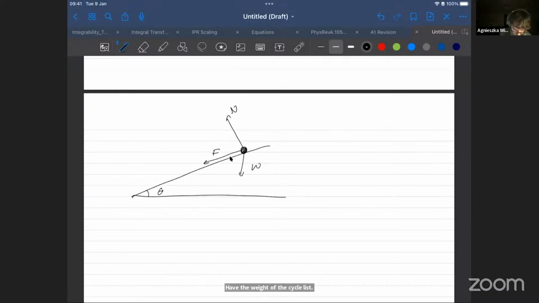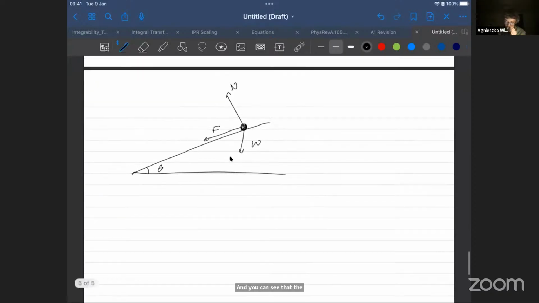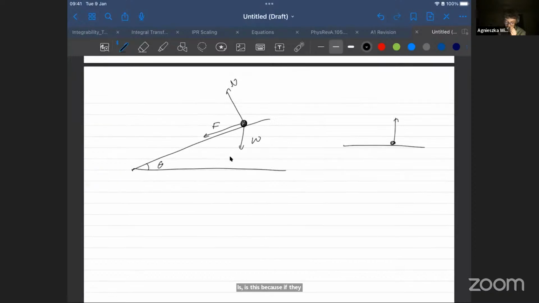So this is the force diagram, which was the first part of the question, and you can see that the banking is necessary because if there was no banking, there would be no frictional force, because there'd be nothing to cause the friction. The only reason that friction ever exists is in order to stop something, to stop you slipping down.